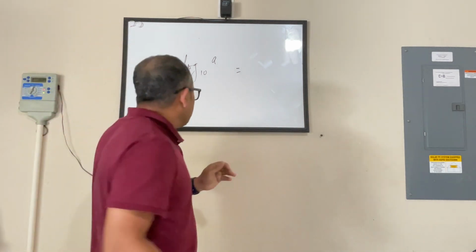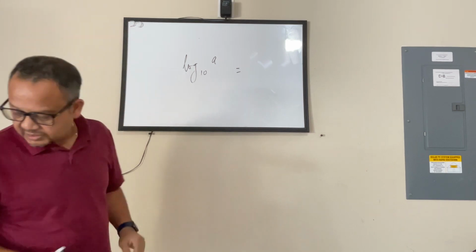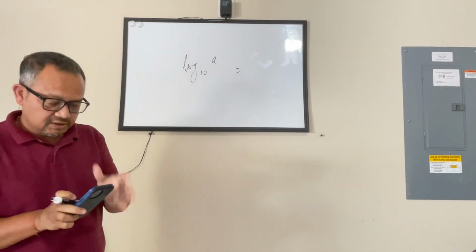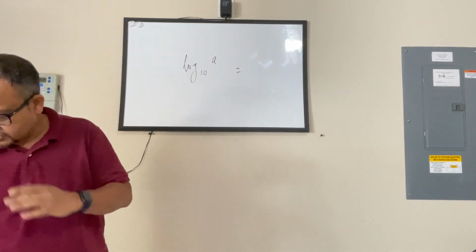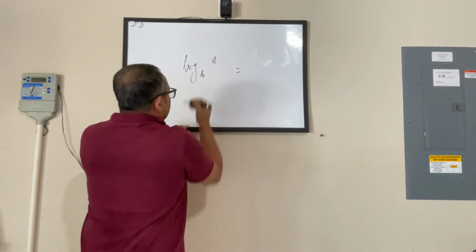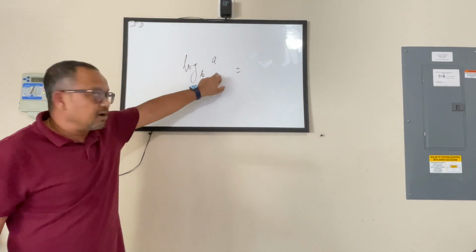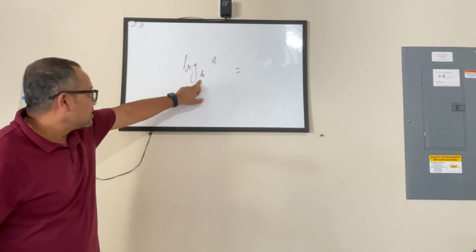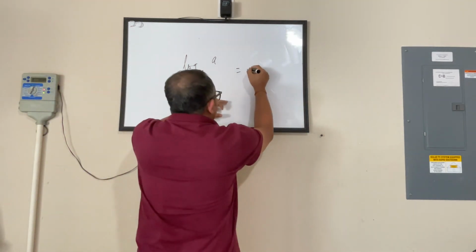This is called log change of base. So if my log is A base B, I can change the base.